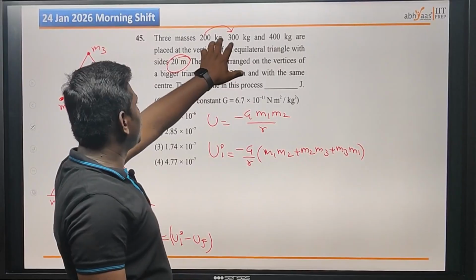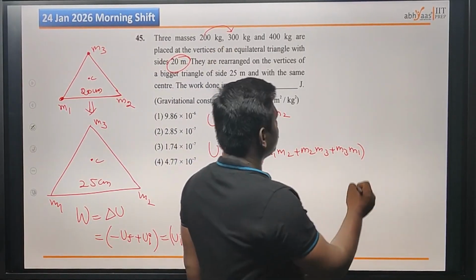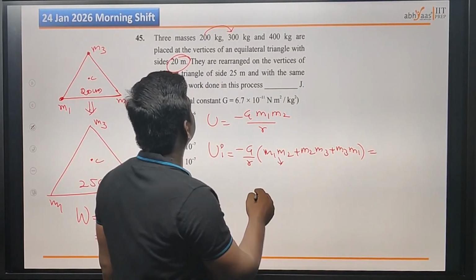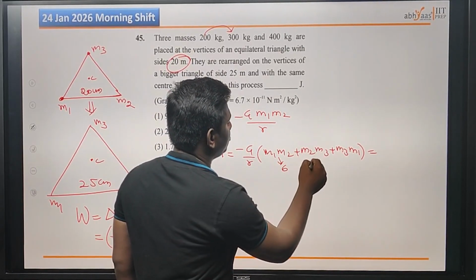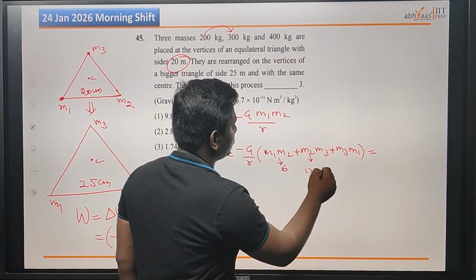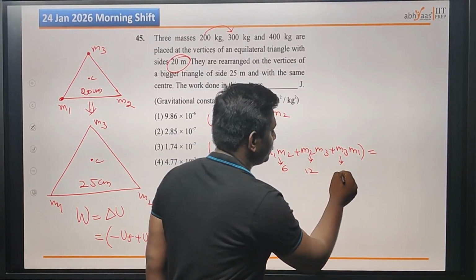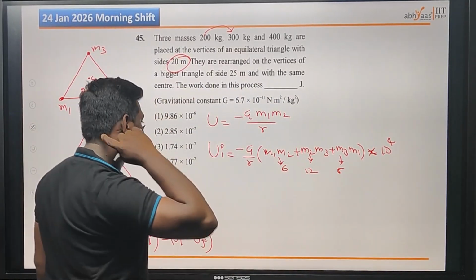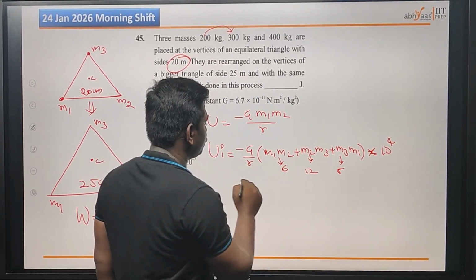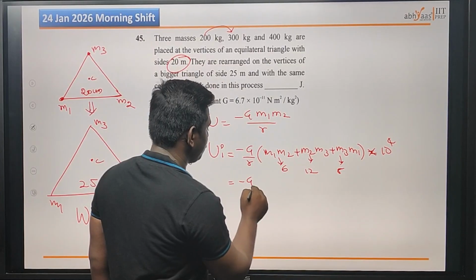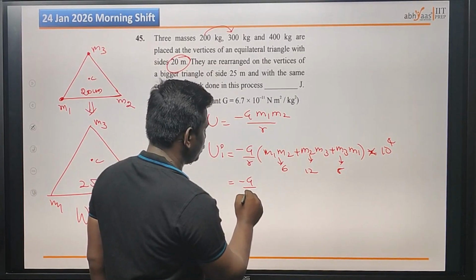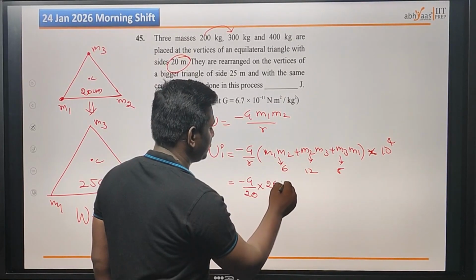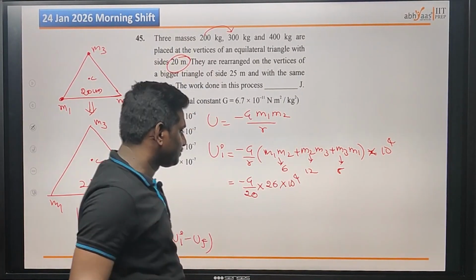This is 6 plus 12 plus 8 into 10 to the power 4. So add these, minus G by R. What is this? 20 into 26 into 10 to the power 4.